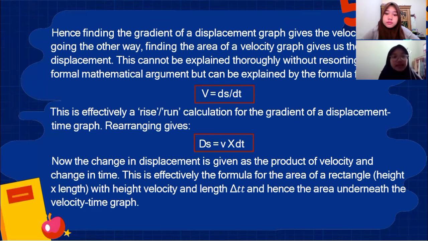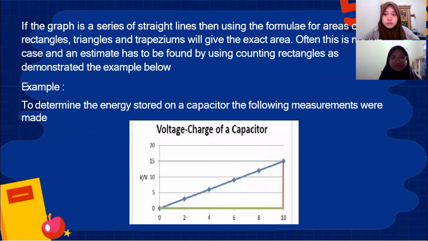Now, the change in displacement is given as the product of velocity and change in time. This is effectively the formula for the area of a rectangle, with height velocity and length time, and hence the area underneath the velocity time graph. Okay, here is a present graph.